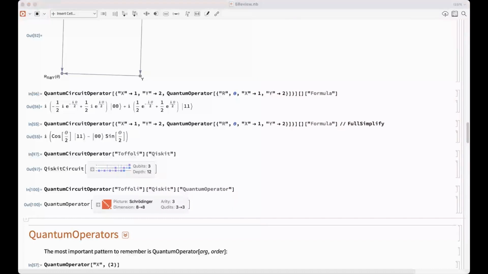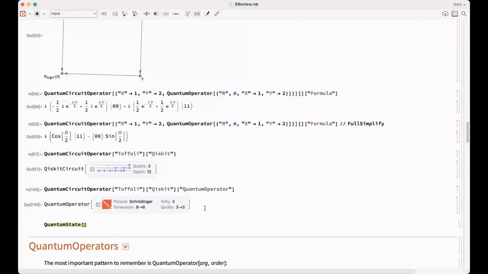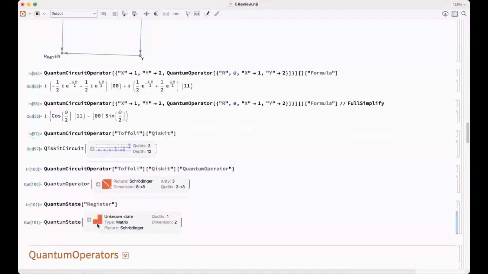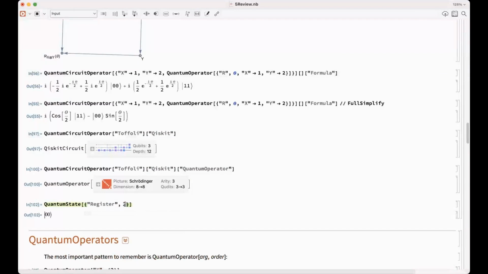There is another question about register state. Register state with no argument, just saying register state, means all the quantum systems are in the ground state 0. But we also have register index state.